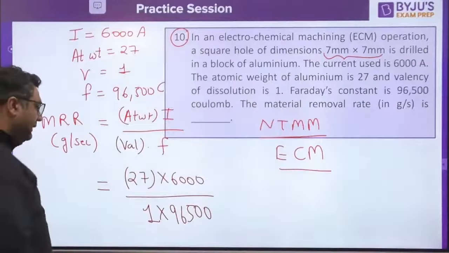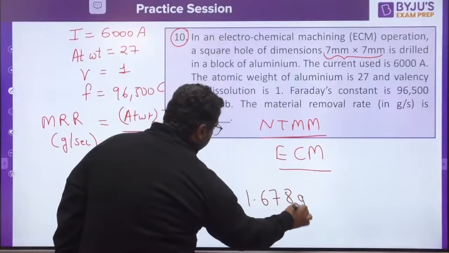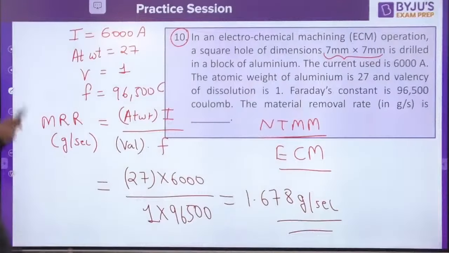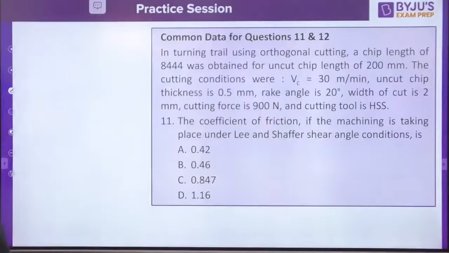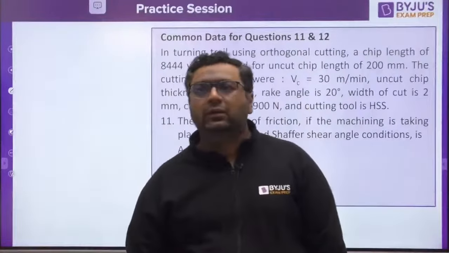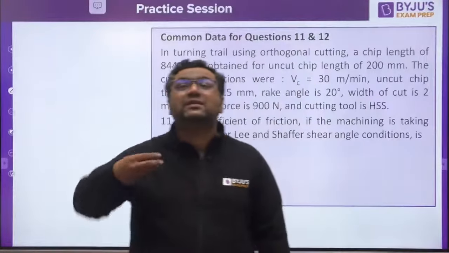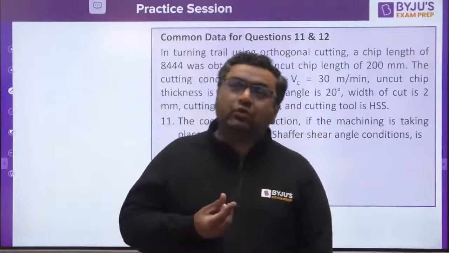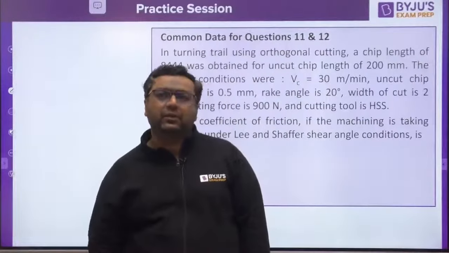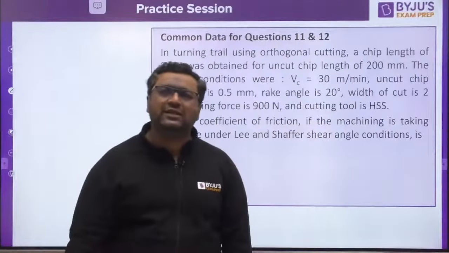Rohan, everybody is getting the same 1.678. So dear, when you practice here, you get similar questions to what you will get in the exam. This is really going to help you. You can see it is coming 1.67 gram. If you took it in kilogram, you can feel how difficult it would be to describe. That's why whenever we talk about ECM, we give the answer in this way only.